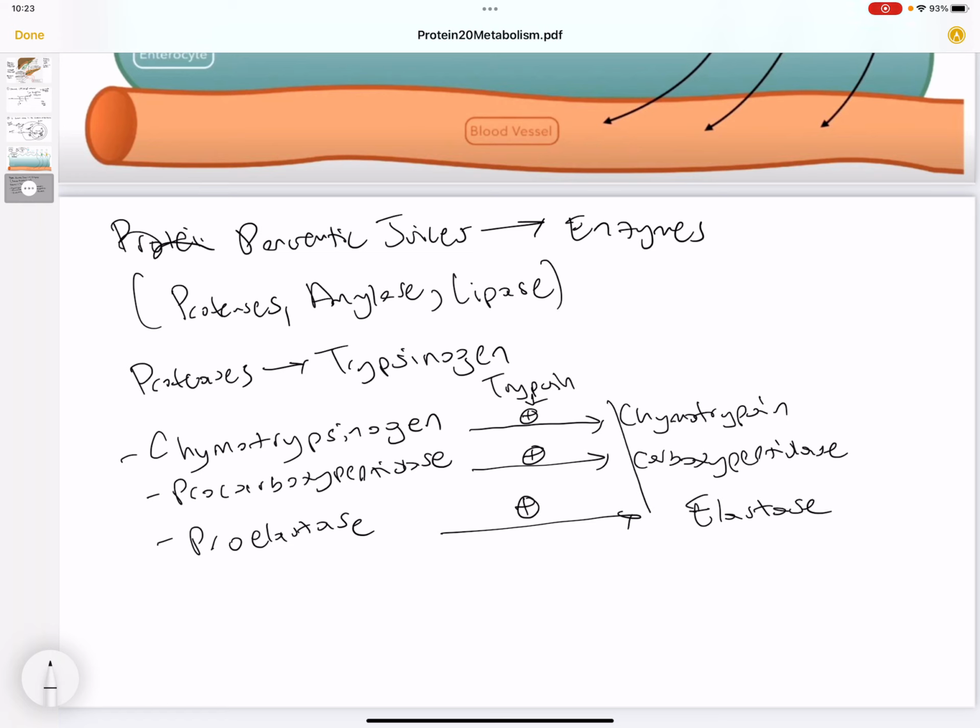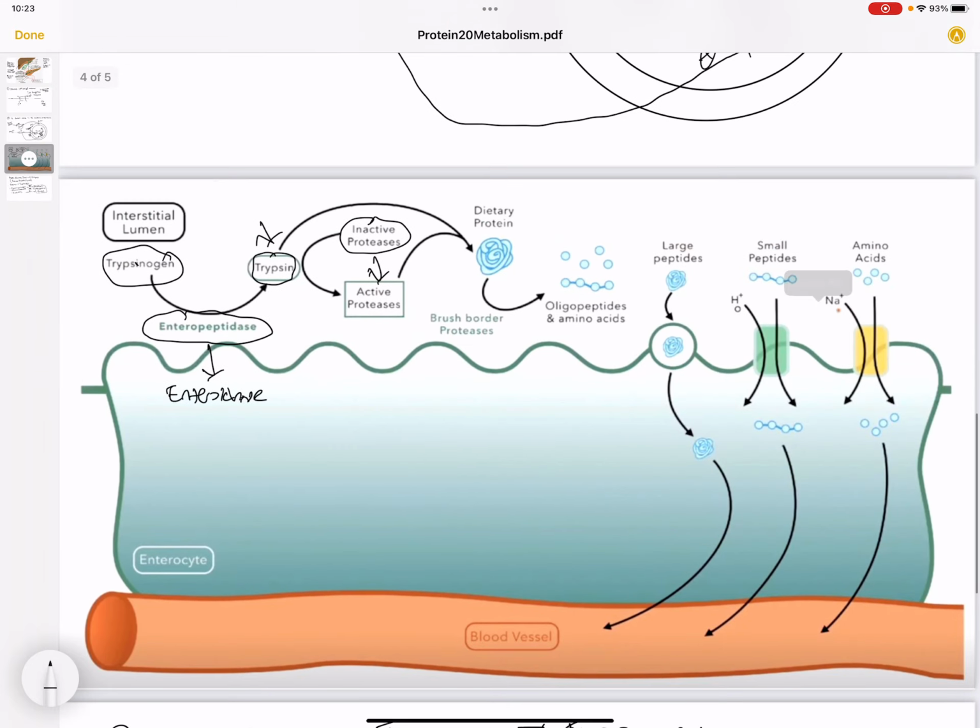These are all the active forms of our pancreatic proteases, and they're all going to work with brush border proteases to convert dietary protein into oligopeptides as well as amino acids.